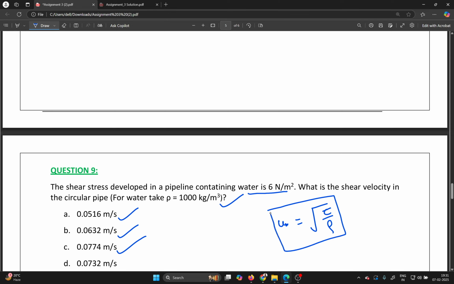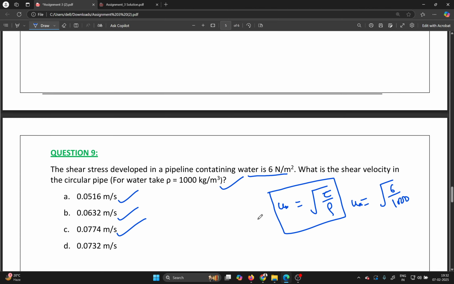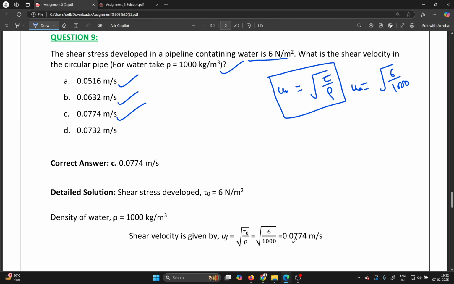So this is a simple formula and you need to put the value: root under 6 by 1000. U star, you can very easily get 0.0774. Option C will be correct for question number 9. Remember please, this is very important.